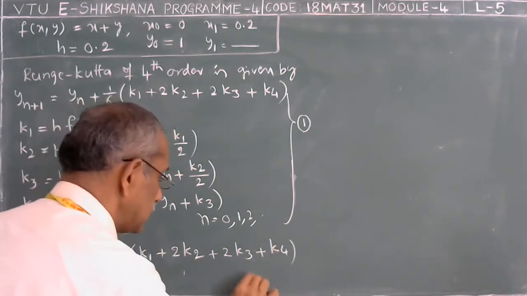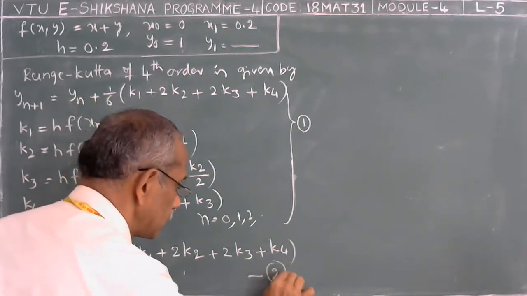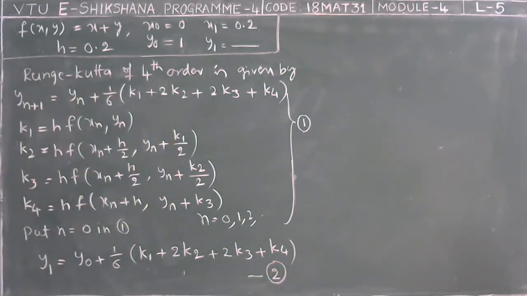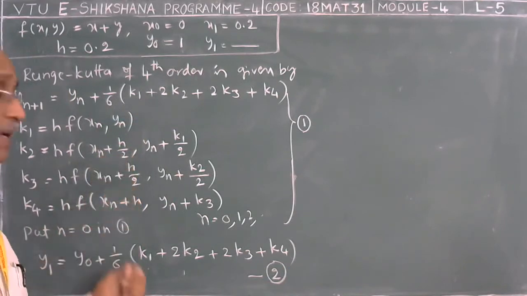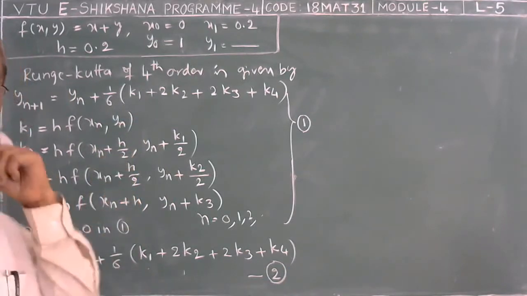Call this as equation 2. We shall substitute for n is equal to 0 the values of k1, k2, k3, k4 in 2 and obtain the value of y1.